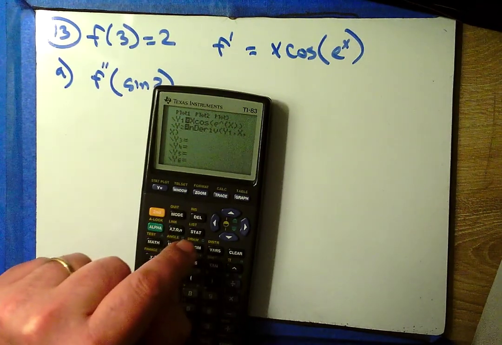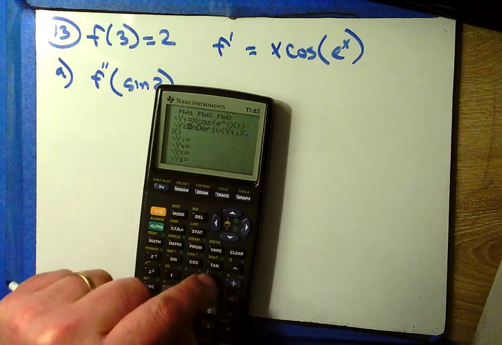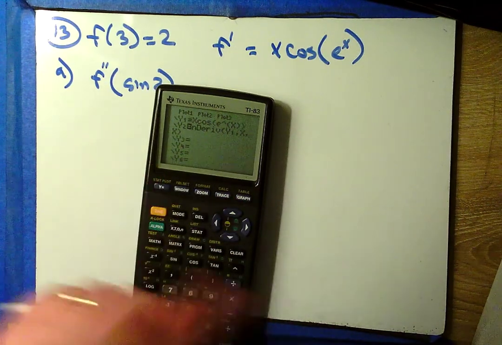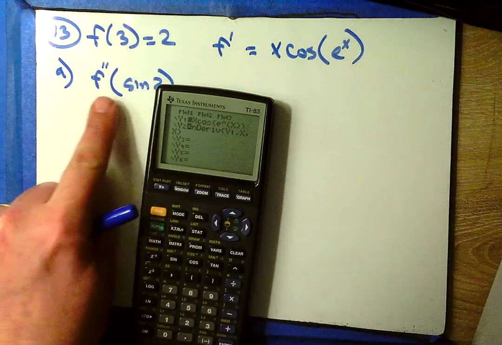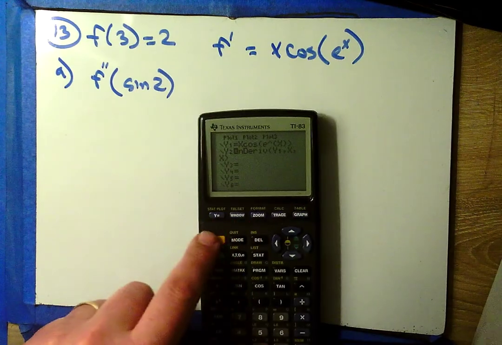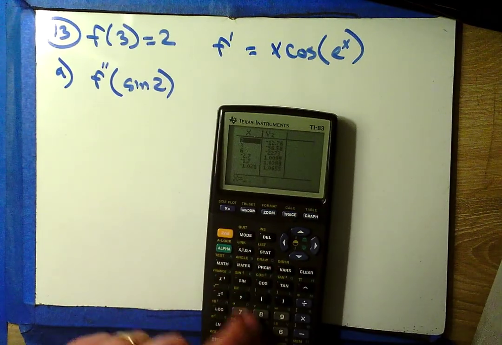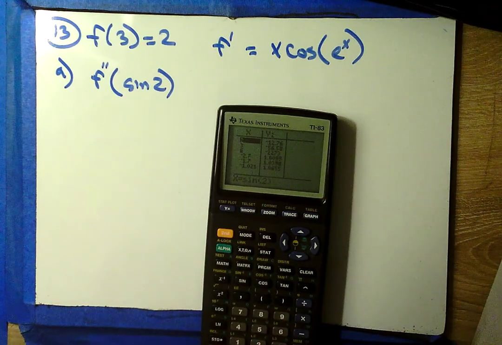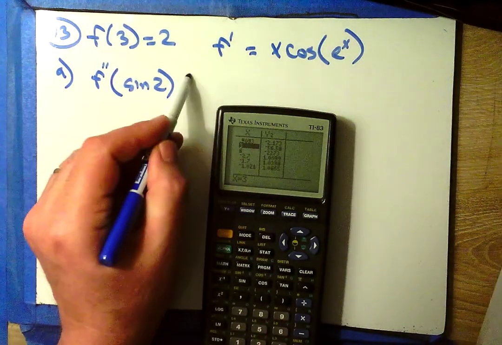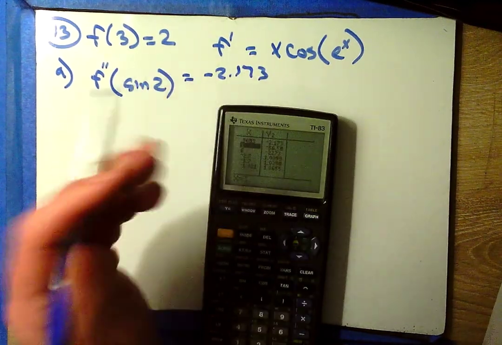Okay. So in fact, I'm going to turn off this first function. And I don't even need to look at the graph. I just need to go over to my table and plug in sine of 2. So I go over to my table and I type in sine of 2, and I end up with negative 2.173, and I'm all done.